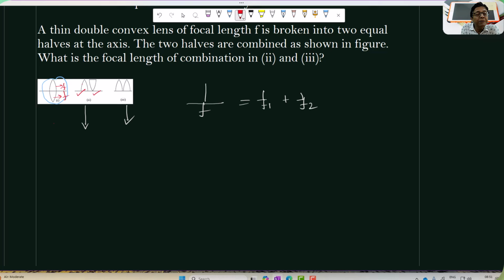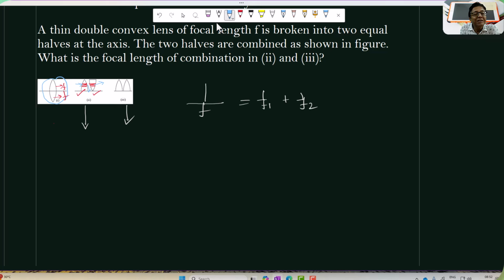In the first case, a small part of the lens, a prism, will bend a ray towards the base. In the second case, a small part which can be considered as a prism will bend the ray away. So if a ray enters here in the first case, after refraction it will bend towards, and when there is a scope of a ray coming out from the second one, then it will bend away.